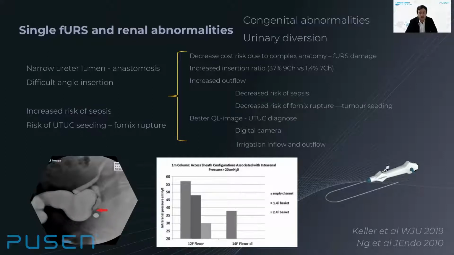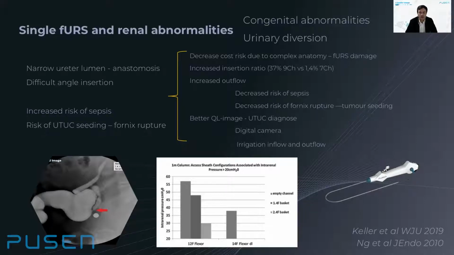In addition, intrarenal pressure is even more important in those procedures due to the increased risk of sepsis in patients with urinary diversion and the potential risk of tumor seeding in fornix structures when treating an upper urinary tract carcinoma.